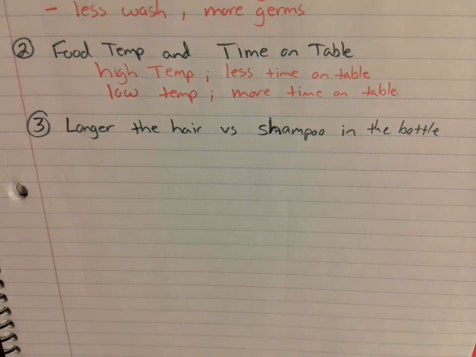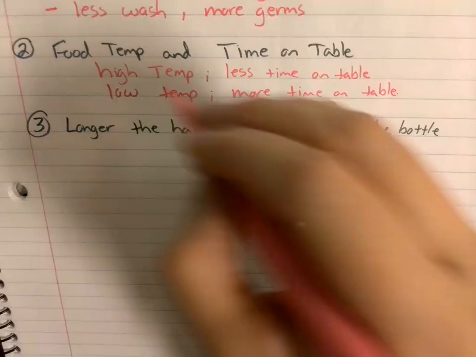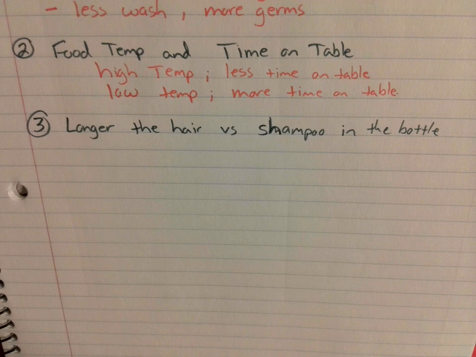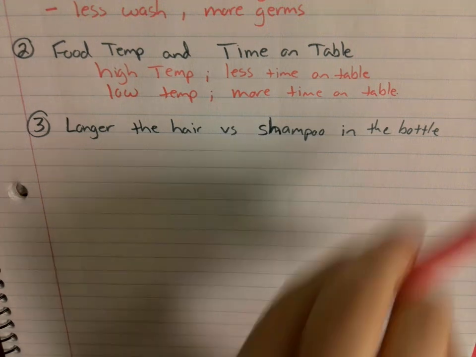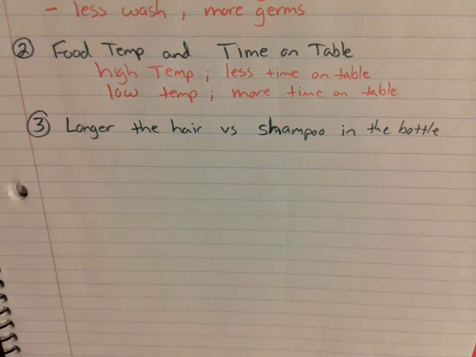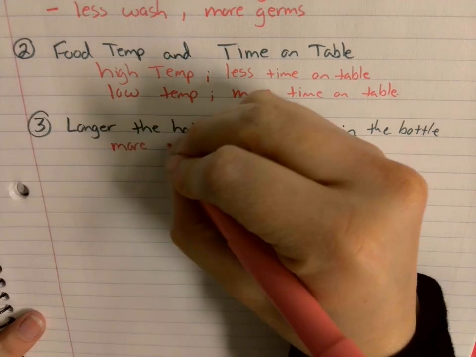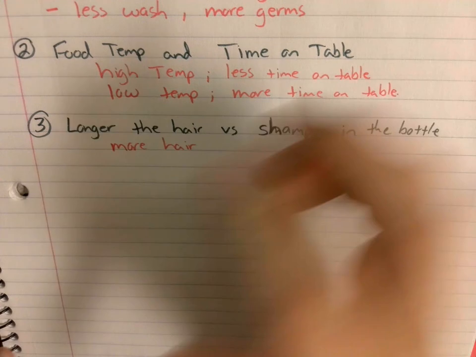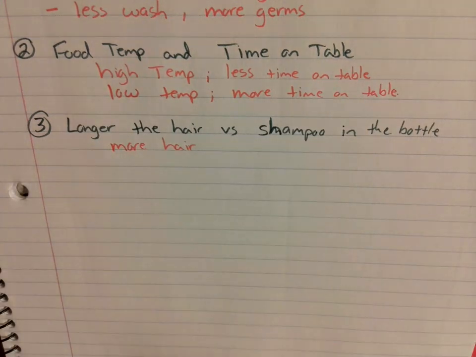He might be able to use like a little dime size of shampoo in his palm of his hand, rub together, shampoo his head. Done. Mine, I might have to use a whole handful of shampoo to wash my hair. Okay, so it's going to, you know, go quicker. The shampoo bottle is not going to have as much in it compared to what Leo's might have. So the more hair that you have, and I know that this might seem like a really weird example, but I've seen the county use really weird extreme examples, so I'm trying to think of as many weird extreme things as I possibly can.